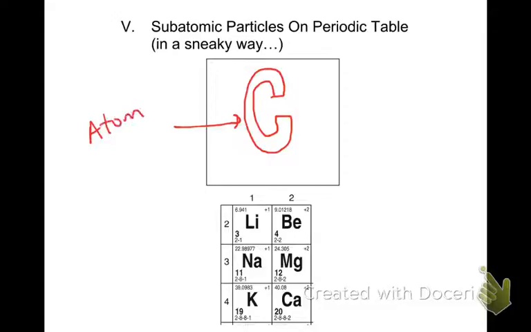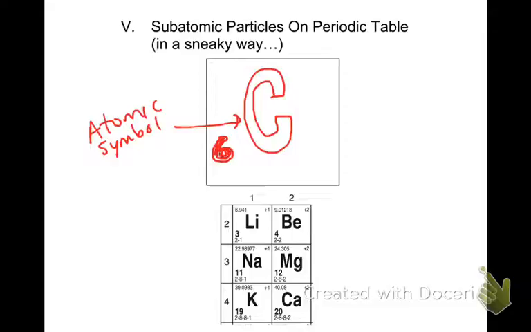Okay, so that gives us some information on our periodic table. It gives us information of how they're going to abbreviate that particular element. But we really don't need that in terms of subatomic particles. What we really want to take a look at is for carbon, that giant 6 that they have, that's all colored in.